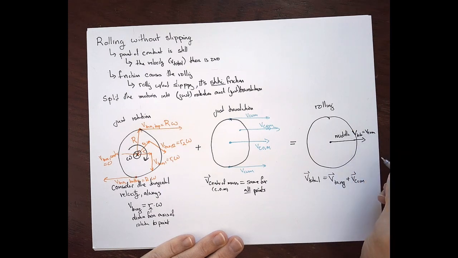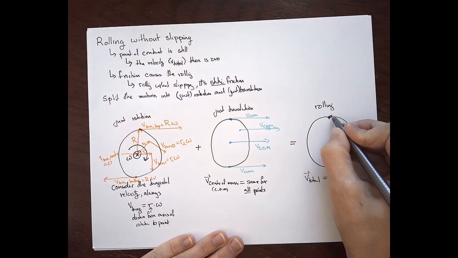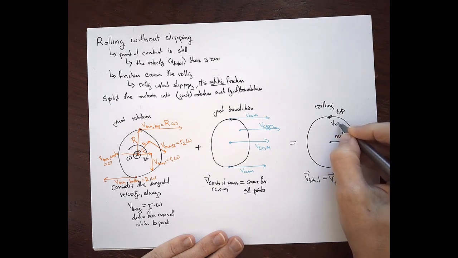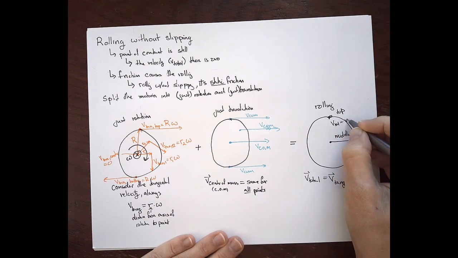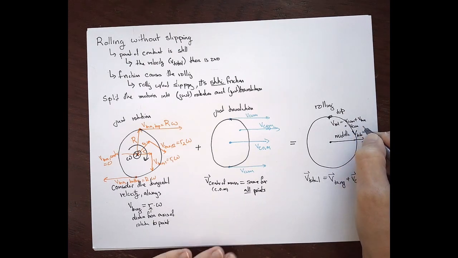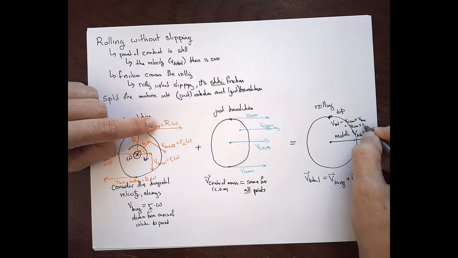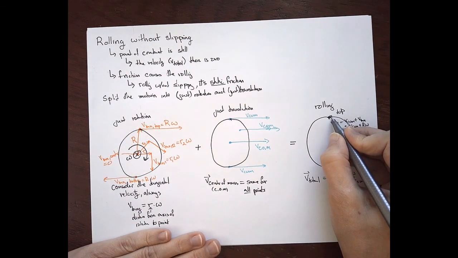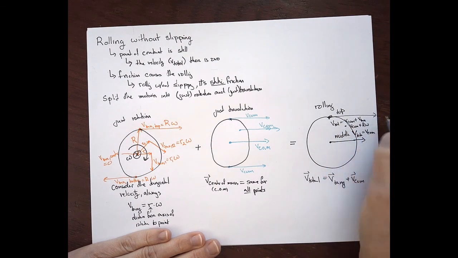It'll just be the center of mass velocity. At the top, the total velocity is equal to the center of mass velocity plus the tangential velocity, and that is equal to R times omega, big R, because it's the full radius of the whole thing.